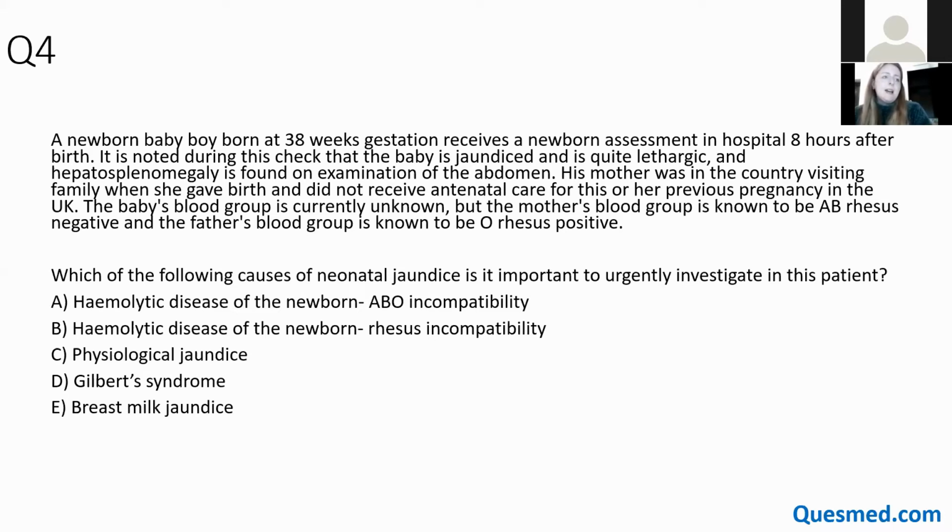Is it A, hemolytic disease of the newborn, ABO incompatibility, B, hemolytic disease of the newborn, rhesus incompatibility, C, physiological jaundice, D, Gilbert's syndrome, or E, breast milk jaundice? I'll give you a few moments to think of your answers.